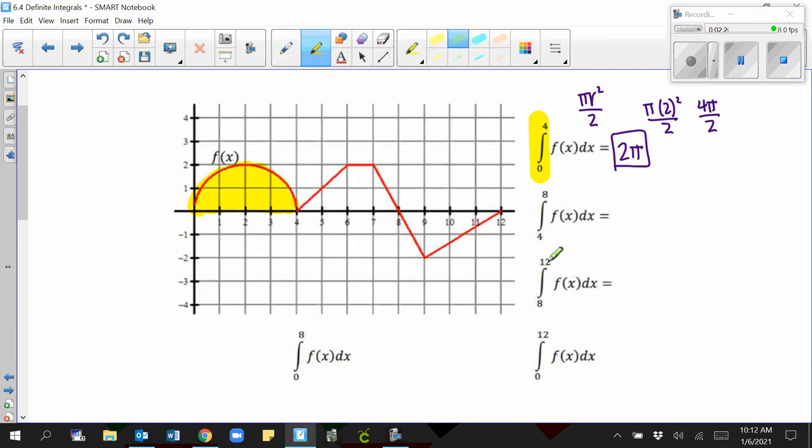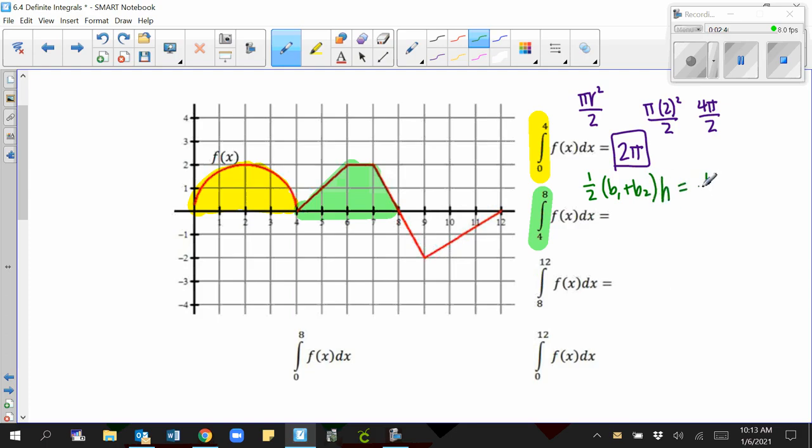The next one we're going to look at is from 4 to 8. So from 4 to 8, that's this trapezoid right here. So to find the area of a trapezoid, we have 1/2 base 1 plus base 2 times our height.